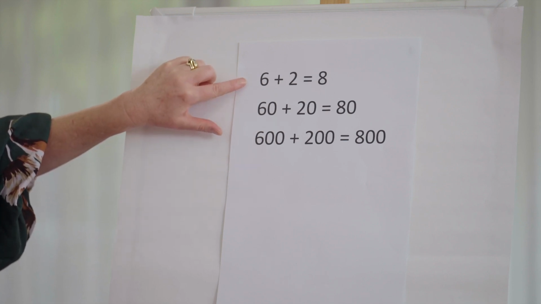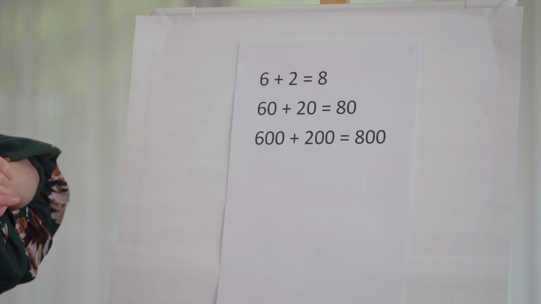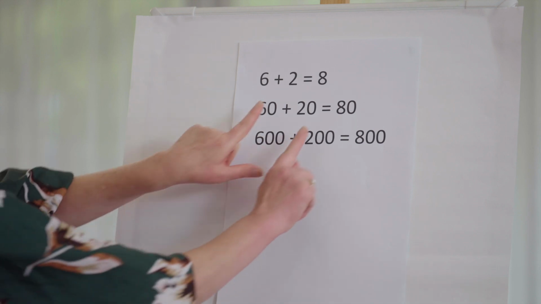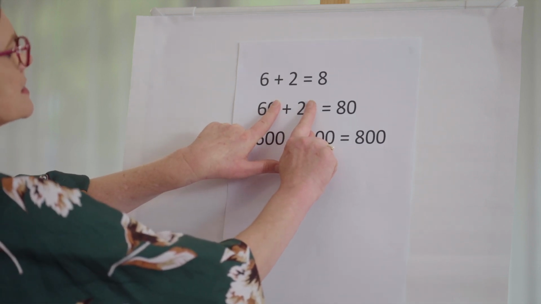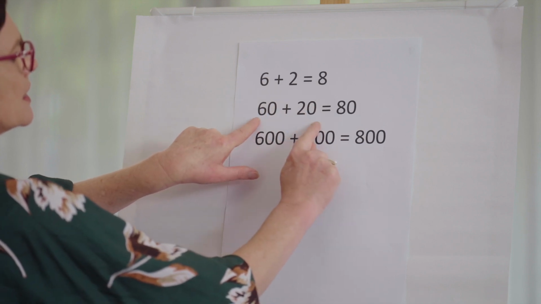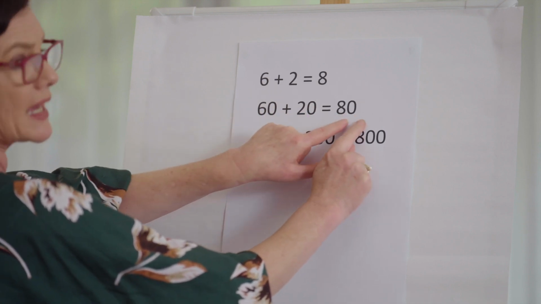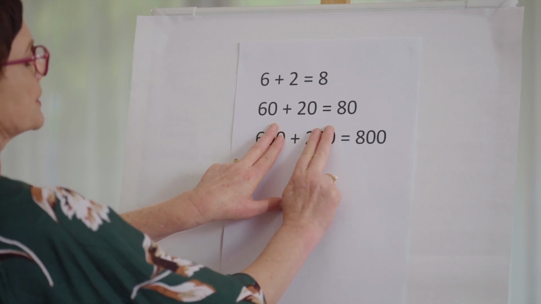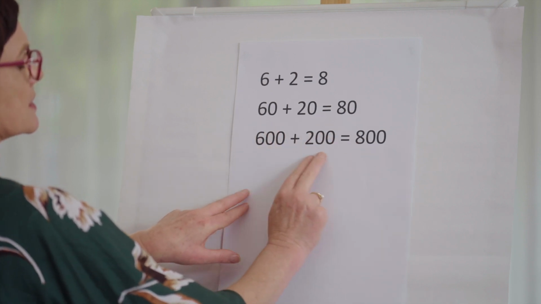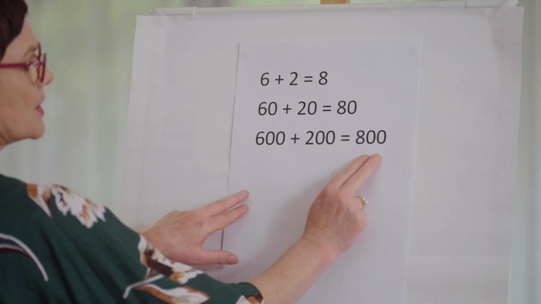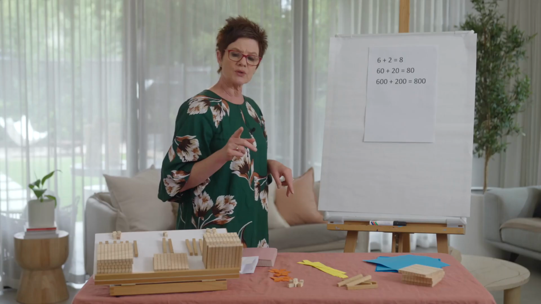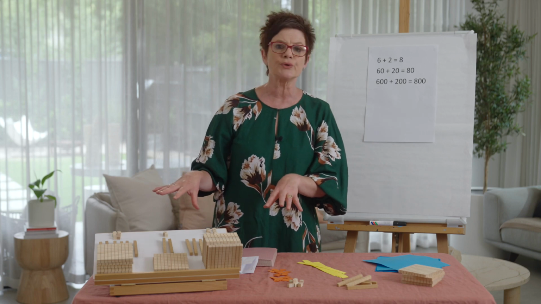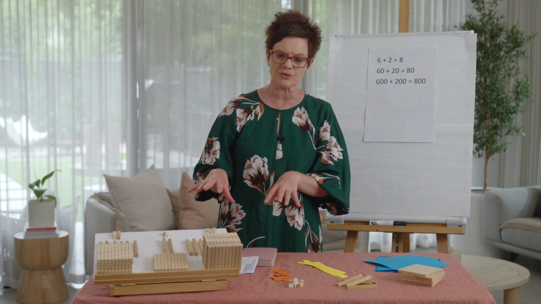So if I know that 6 and 2 is 8, I should be able to see that 60 and 20 will make 80. And I should be able to see my 6 and 2 here, but they're in the hundreds. 600 and 200 make 800.